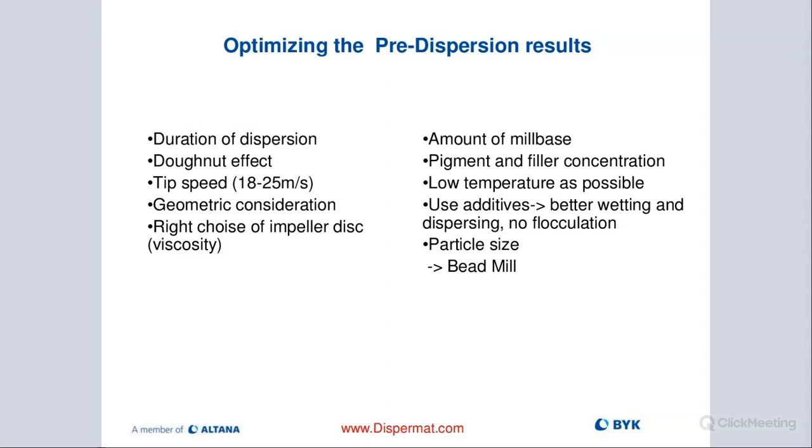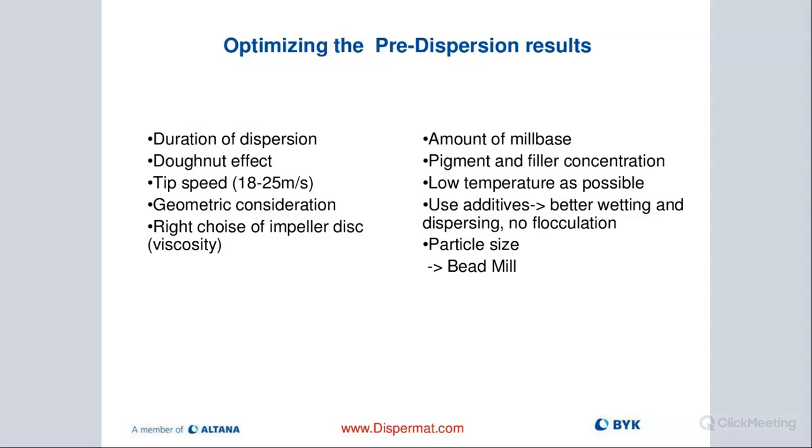So 15 to 30 minutes for your pre-dispersion, the donut effect, again, tip speed 18 to 25 meters per second. Geometric consideration, again, blade diameter, depending on the size of the container. The viscosity, you can move it up or down.